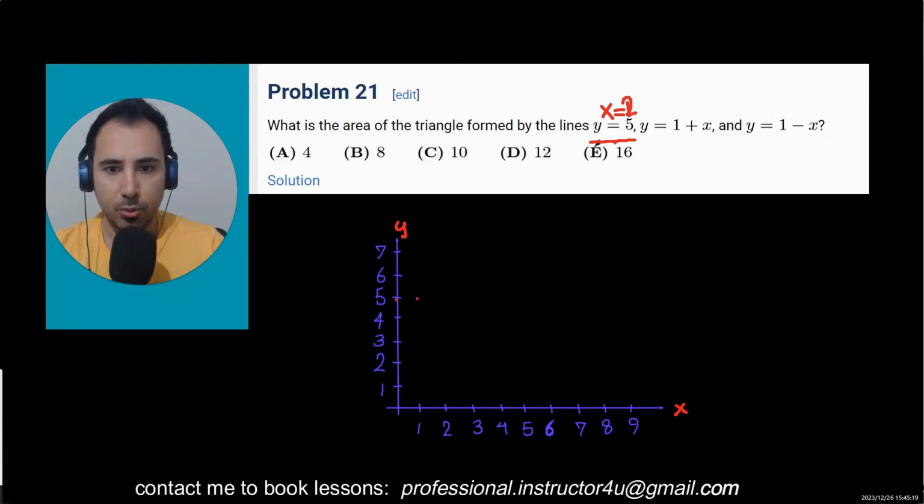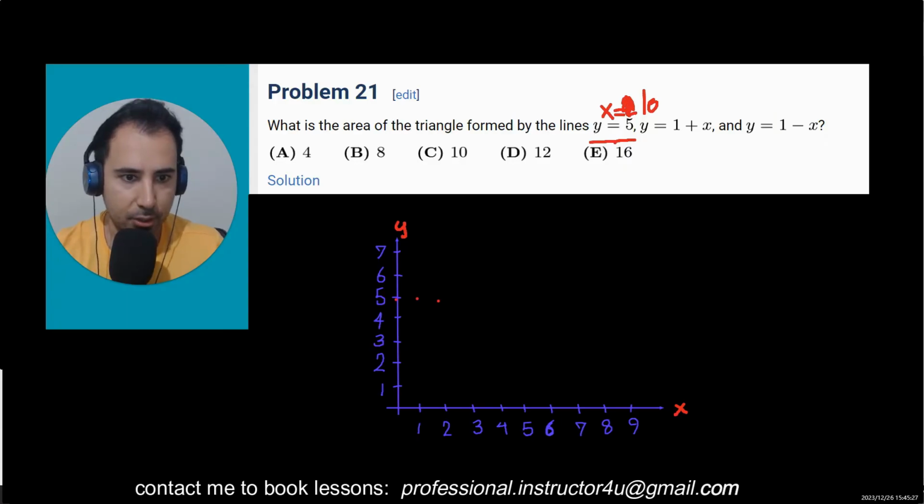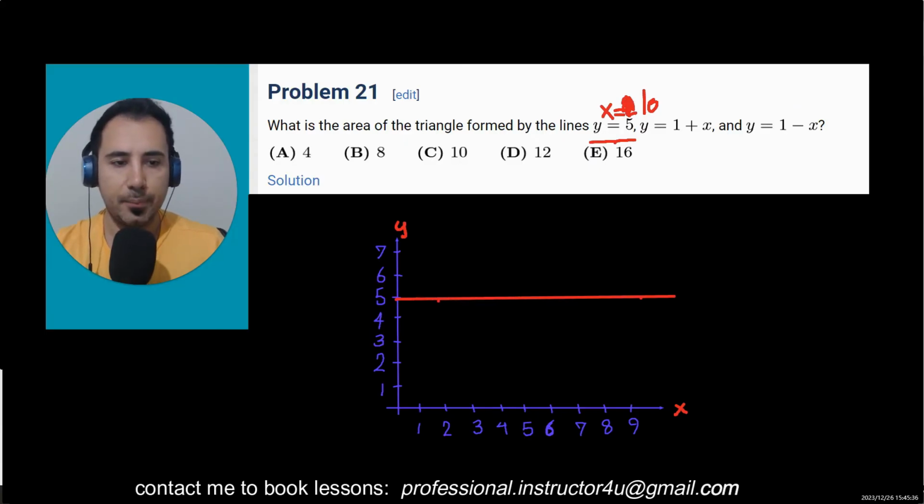If x is 2, y is still 5. If x is 10, y is still 5. So you would see if I connect all these points, I'm going to get this line over here. This is y equals 5. For every value of x, whatever it is, a straight line.